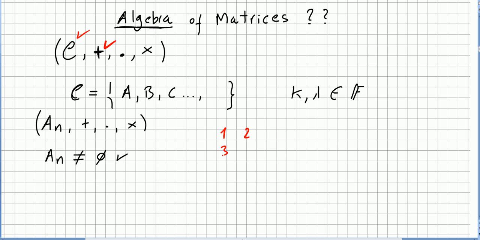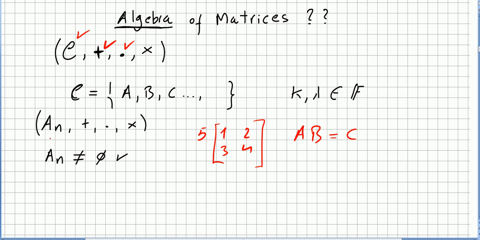For instance, a 2 by 2 matrix 1, 2, 3, 4, and I multiply it by 5, I get a square matrix of the same dimension. So it's closed under scalar multiplication. And if I multiply two square matrices of the same dimension, the matrix I get is also an n by n square matrix.